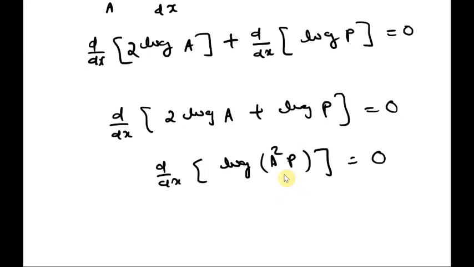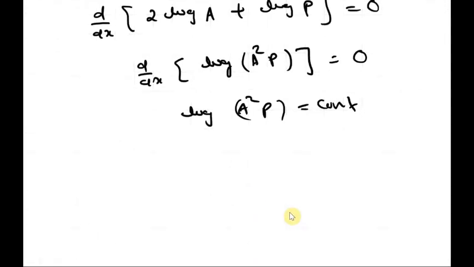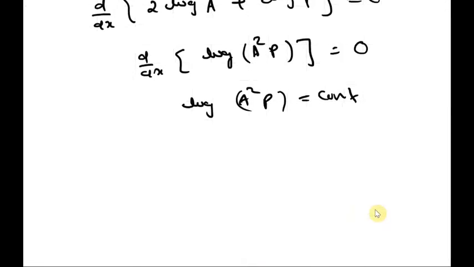Or this quantity log a square p is going to be some constant. A square p is also going to be a constant, which will give you a is nothing but some constant, I am taking this constant as c, divided by root p.